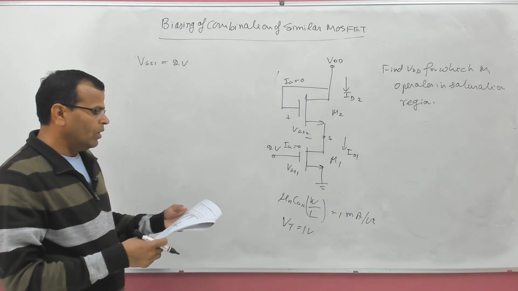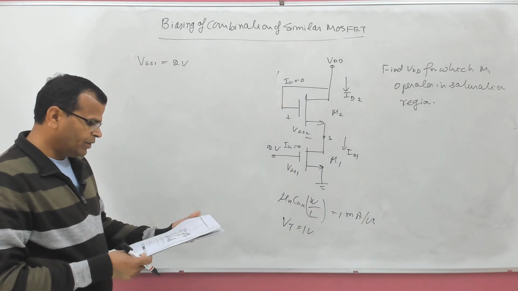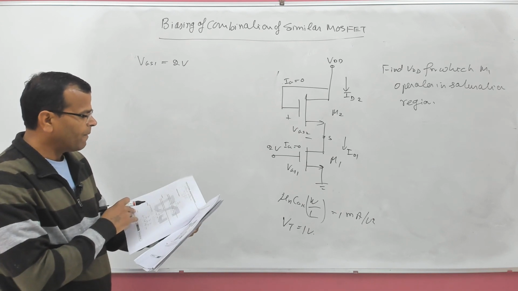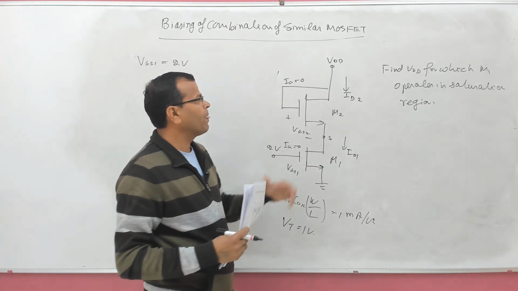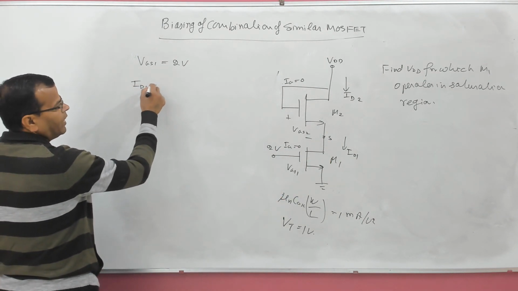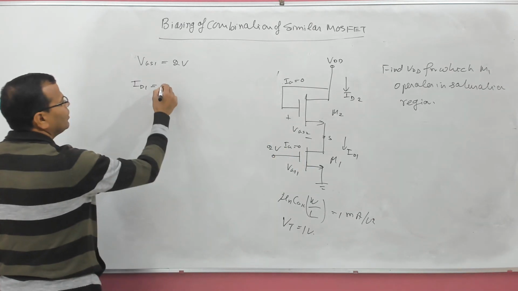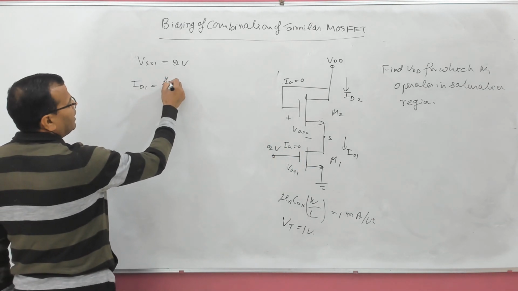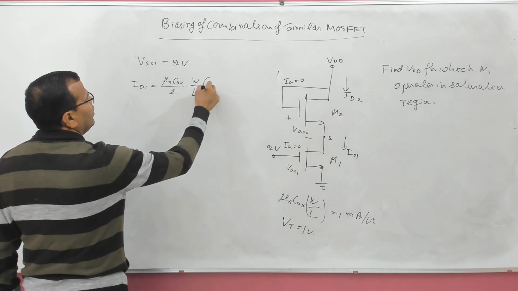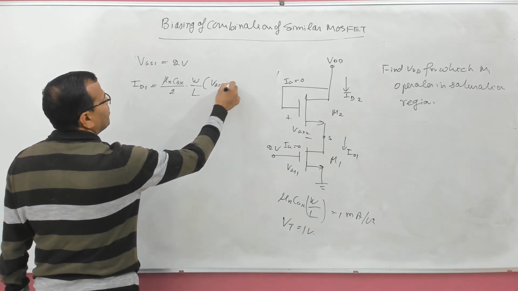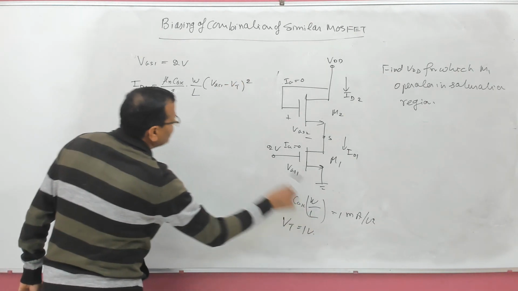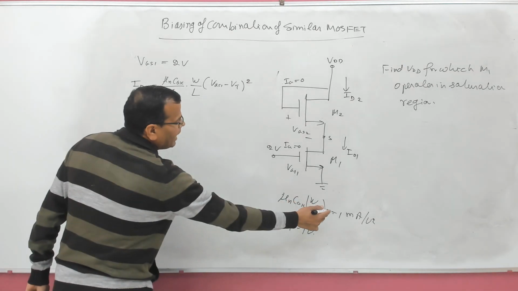Fine. So to find the minimum voltage here, I have to assume the same current ID1 and ID2. So what is ID1? ID1 means for this, that is equal to μn Cox by 2 into W by L into VGS1 minus VT whole square. This is given to you, 1 milliampere per volt square.